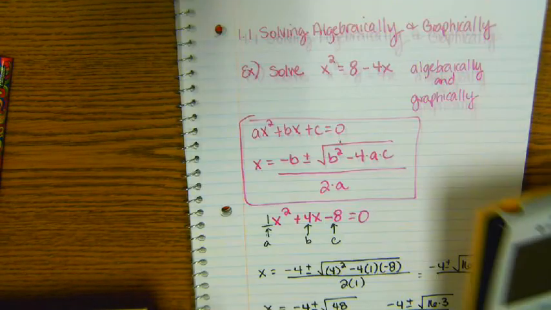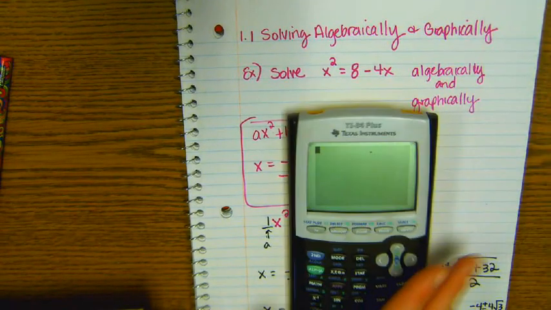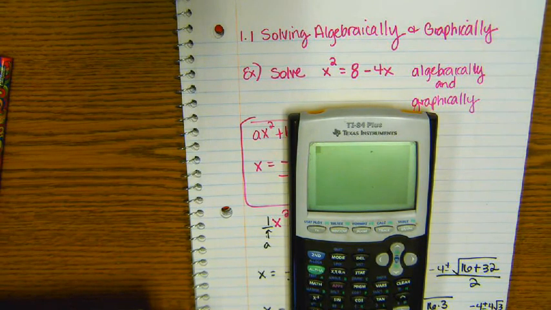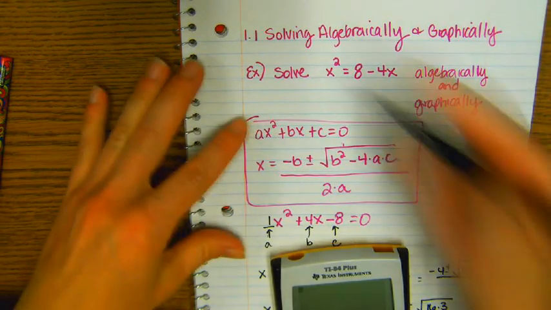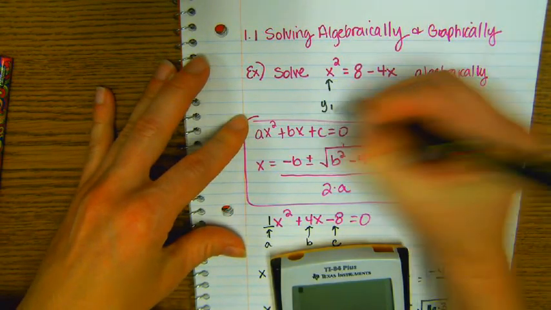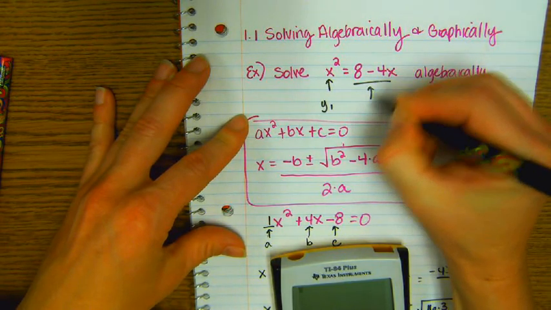I'm going to show you 2 different ways, okay? I do not care which method you use. Our book prefers the second way. The first way is that you could put this in Y1 and this in Y2, and you could find where the graphs intersect. So let me show you that way first.